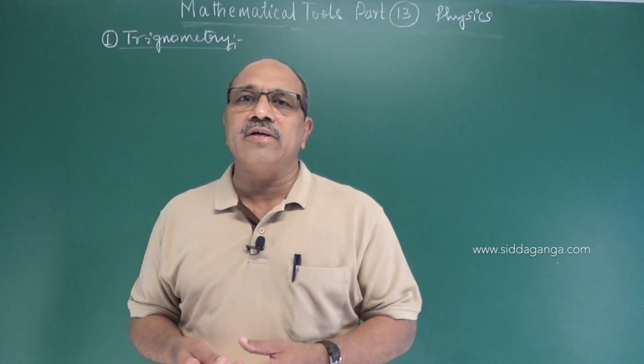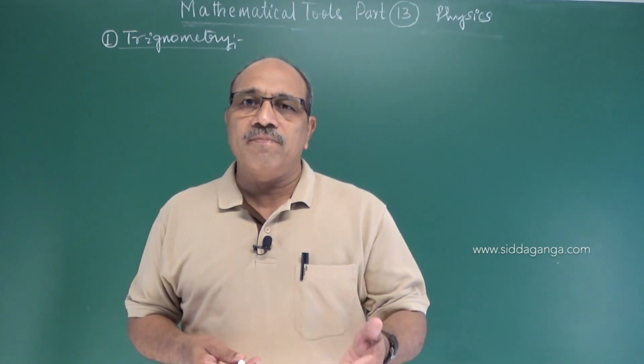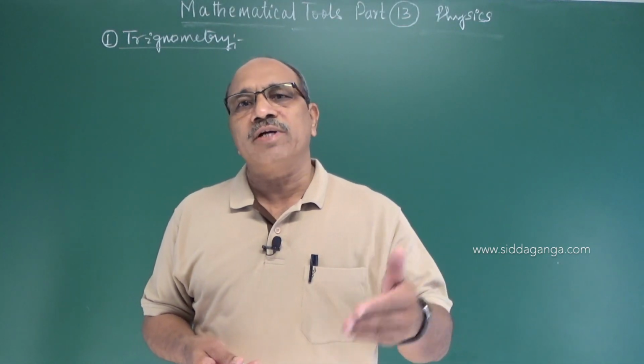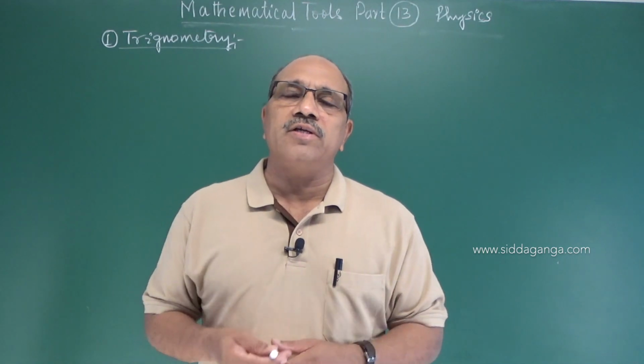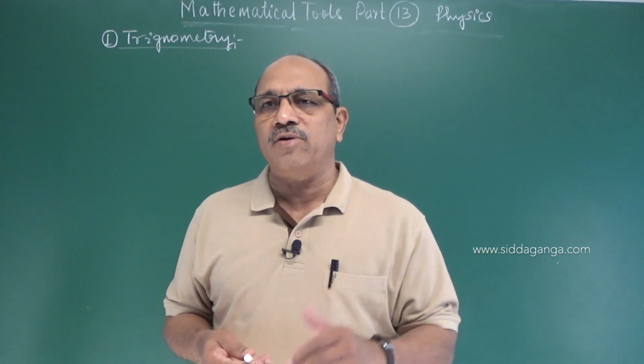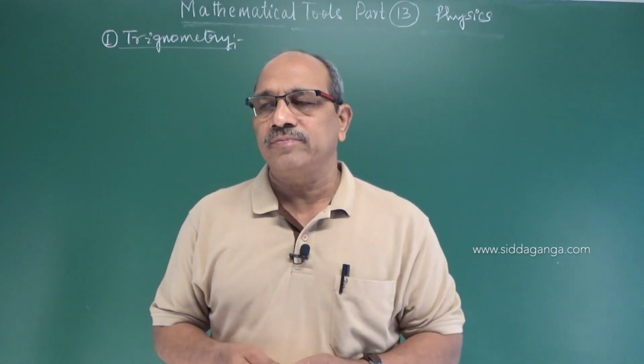If you have the value in degree, to convert into radian, you have to multiply it by pi by 180. If it is in radian, to convert into degree, you have to multiply it by 180 upon pi, keeping in mind the pi value is 22 by 7.